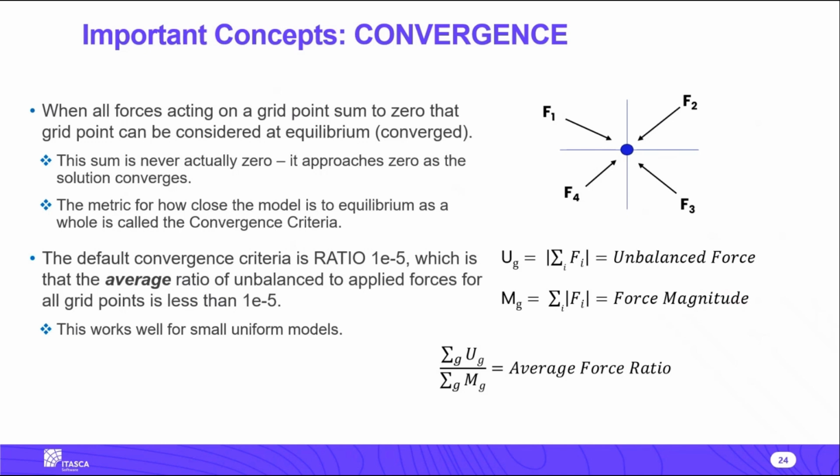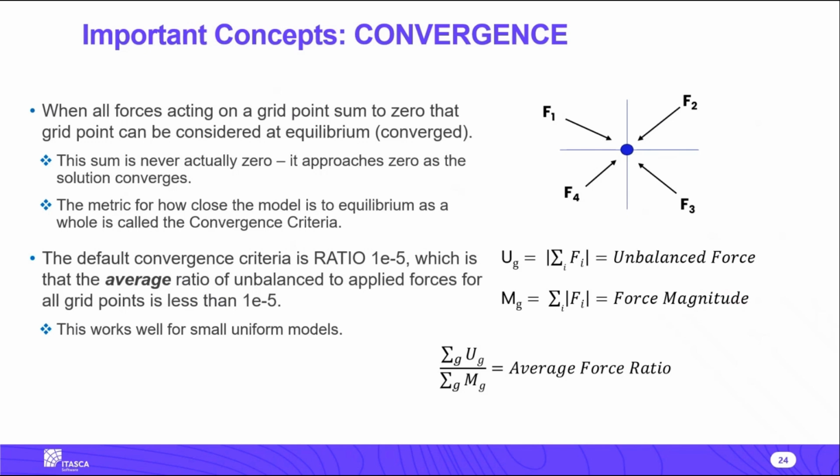Then you're going to have a ratio of 1, right? As time goes by, the applied force doesn't change. You're still applying the same force, but you're building up stress in the zones that are counteracting that force, that are balancing it. And so the ratio of unbalanced to applied force starts getting smaller and smaller, until eventually you get to some small number, and by default that small number is 1e minus 5, and then it says I'm solved, right?